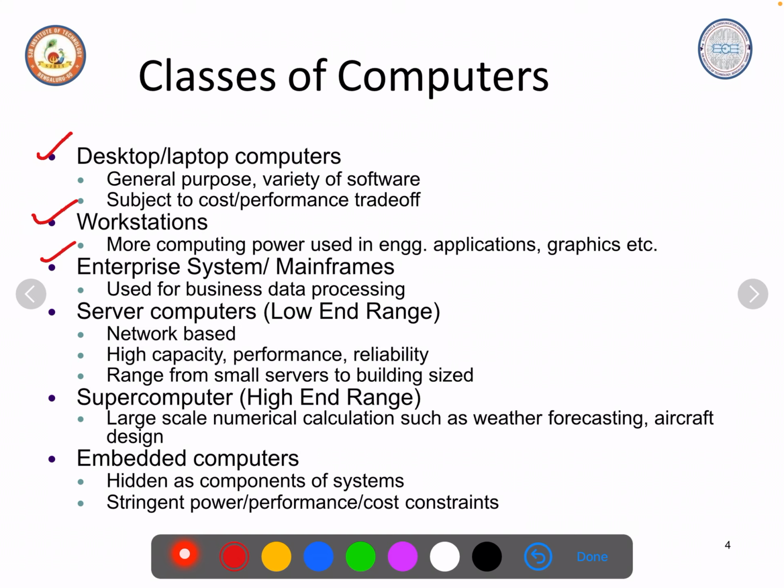And apart from that, you have server systems, which is nothing but if you have n number of computers which are connected to a main server, network based, which is of high capacity, performance and reliability, and servers can range from small servers to a building in size.